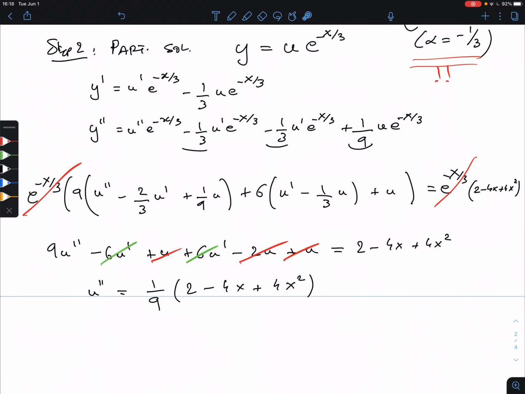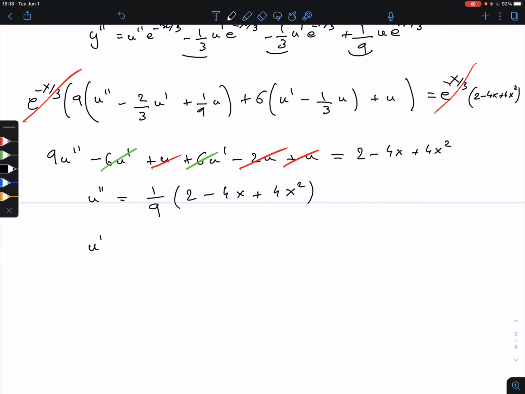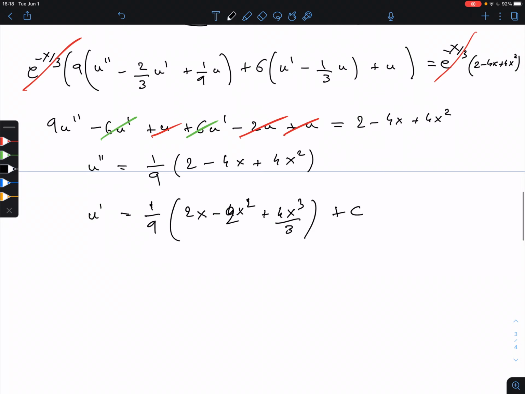But that is a lot of work for something that is not necessary because I can just antiderive here. That is 1/9, let's keep the 9 out, 2x minus 4x squared divided by 2, so it's 2x squared, plus 4x cubed divided by 3, and plus a constant. We don't need the constant, it's not necessary, so we're not going to do that.